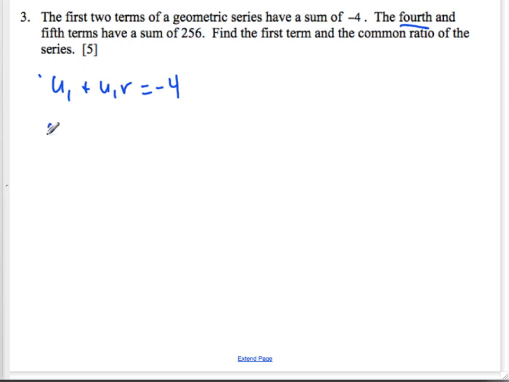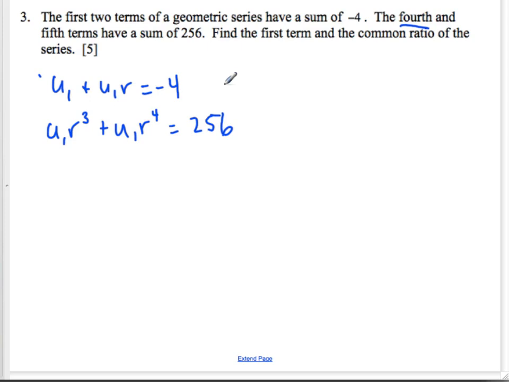So I know u4 is the same as u1 times r cubed, and u5 is u1 r to the fourth, which is 256. I have two equations, two variables, then I can solve.